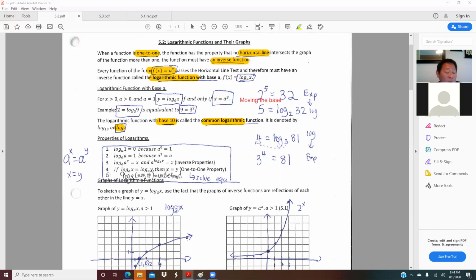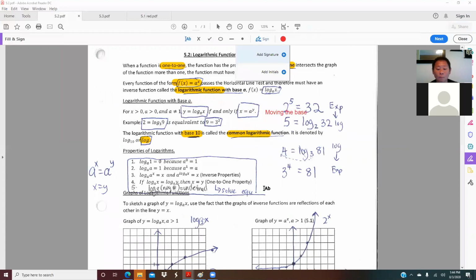And then this is what we call one-to-one: as long as your logs have the same base, your arguments can be set equal to each other. And this is a very important one: log_a of any negative number is undefined. Log of any base with a negative number is undefined. And one thing I also want to point out is log_a 0 is also undefined.